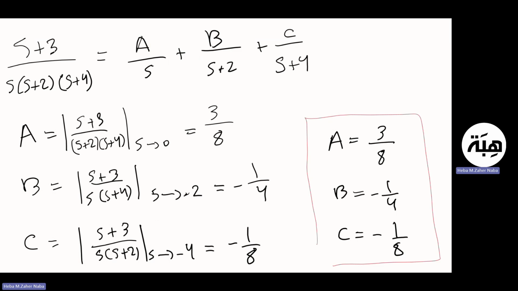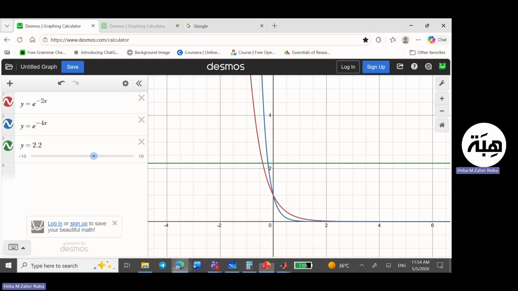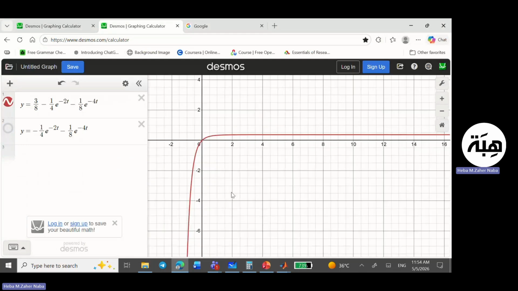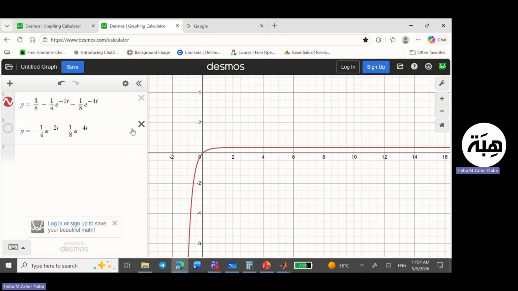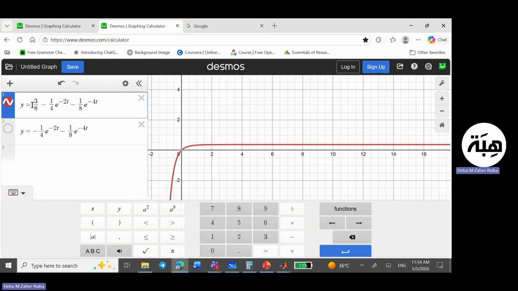We can determine that A is equal to 3 over 8, B is minus 1 over 4, and C is minus 1 over 8. And if we plot the final c of t, this is the system that we get. Basically, the system is the combination of all of these factors with the forced input.